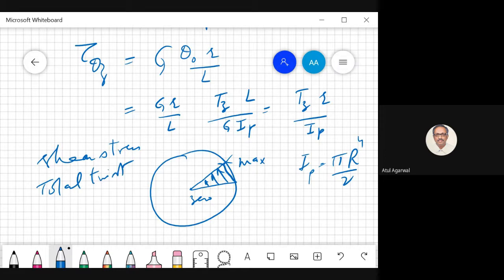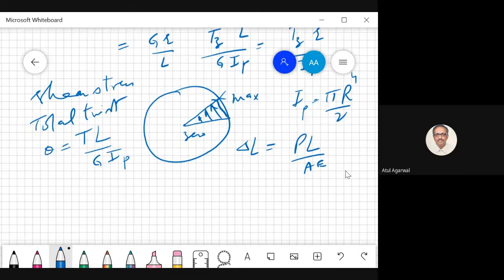You see twist was equal to TL upon GIP. In the case of a uniaxial load, what we found, PL by AE, was the change in length. So you can write this as P by A, P by stiffness. K is the stiffness. So what was your stiffness?